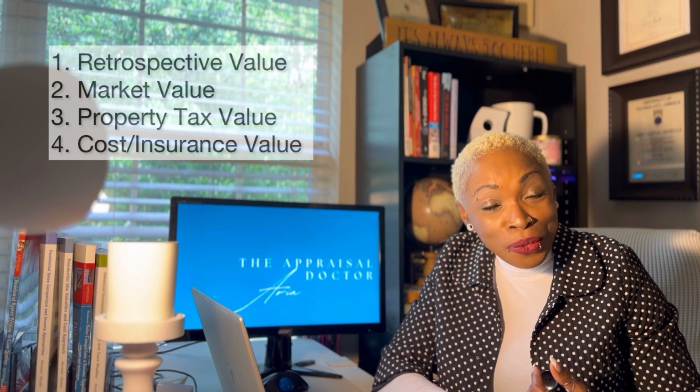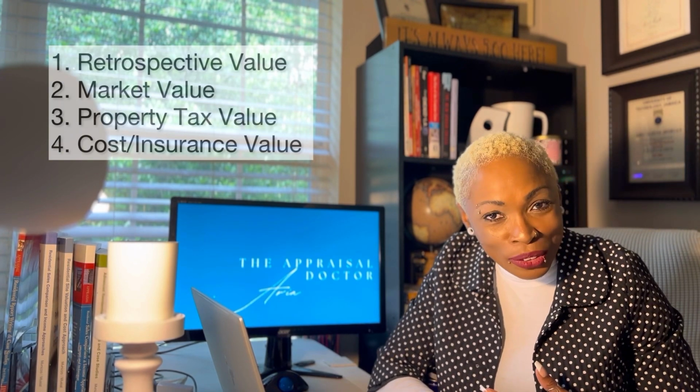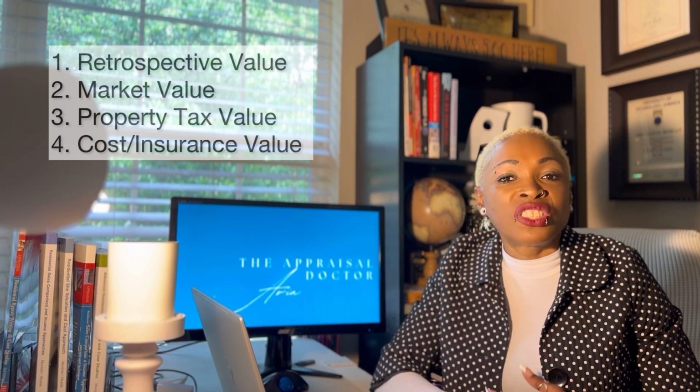But for today, I just want you guys to remember what an appraisal is and that there are several types of values. Okay? The retrospective value, the market value, the property tax value, and of course, the cost or insurance value.